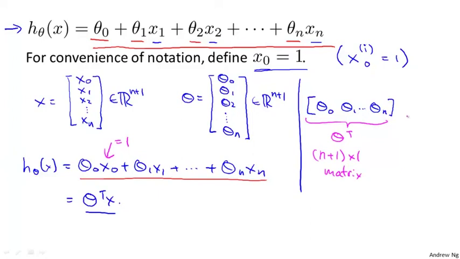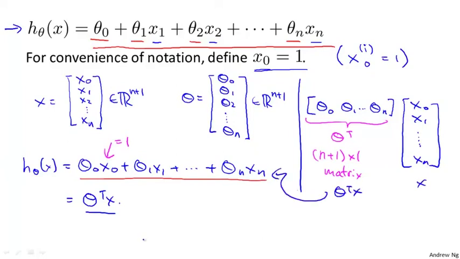And we take that and multiply it with the vector x, which is x0, x1, and so on down to xn. And so the inner product that is theta transpose x is just equal to this. This gives us a convenient way to write the form of the hypothesis as just the inner product between our parameter vector theta and our feature vector x, and it is this little extra bit of notational convention that let us write this in this compact form.